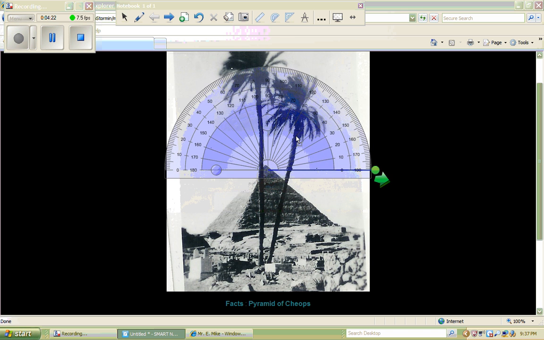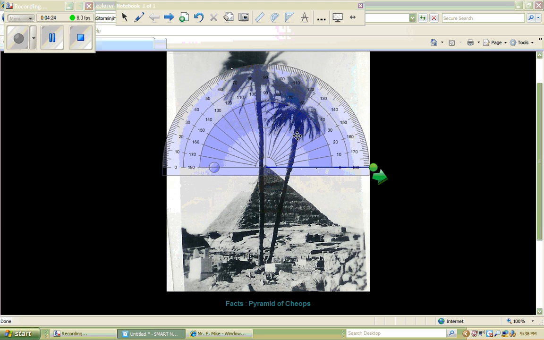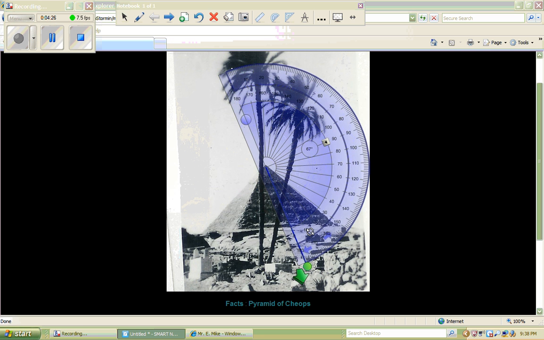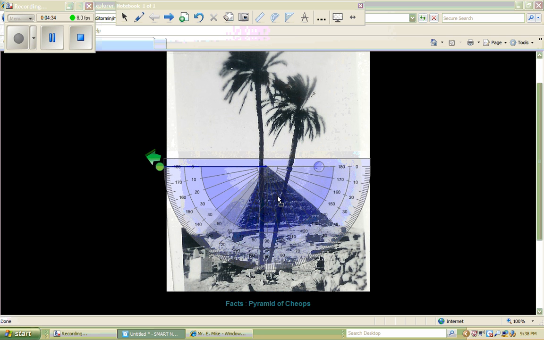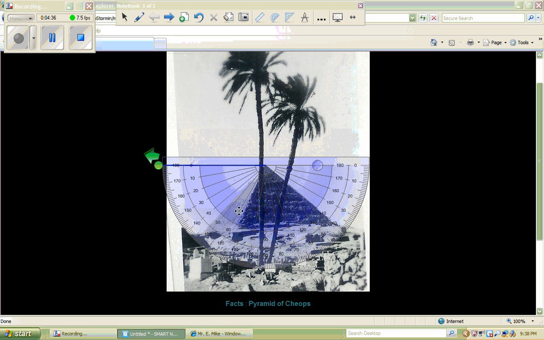All right, now we can put the protractor here, and we can turn it this way and move it up just a little so that it sits on the vertex. And now we can move this to here, and we can move that to there, and now you can discuss the angles that it makes.